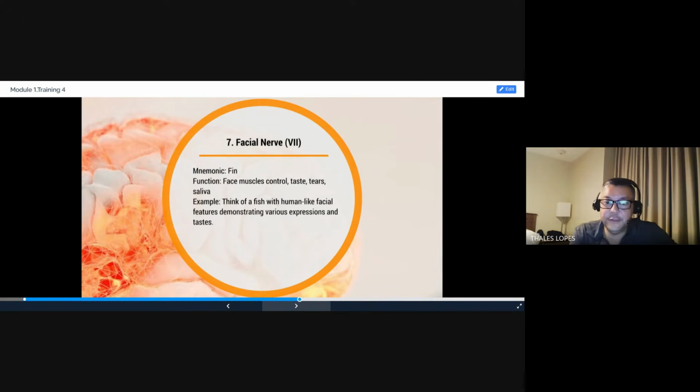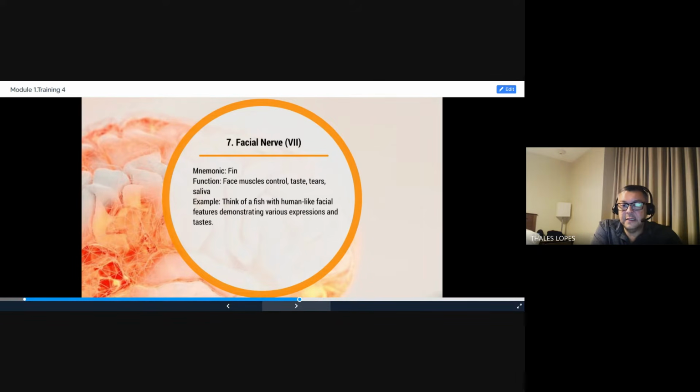7, high yield, is your facial, right? Facial muscles. Taste, there is a portion of the tongue, and not completely 7, but a portion of that is taste, tears, and saliva.